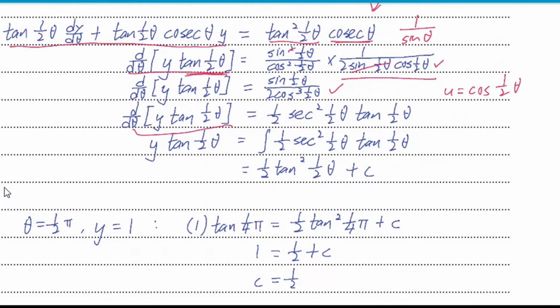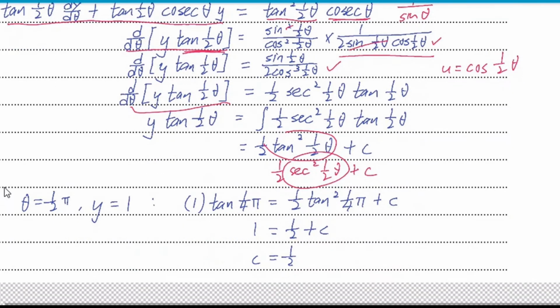If you get the thing in terms of the secant square, then it will be half secant square half theta plus some constant. Why? Because tangent and secant square here are related by an identity. So this is actually also a correct answer.